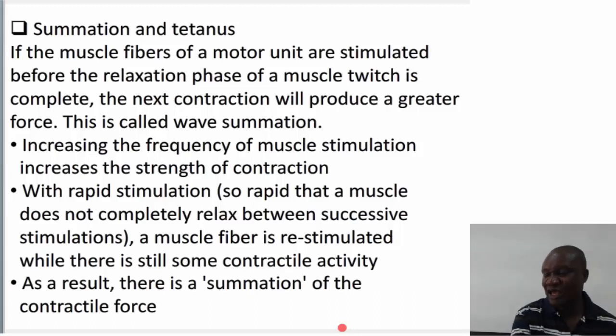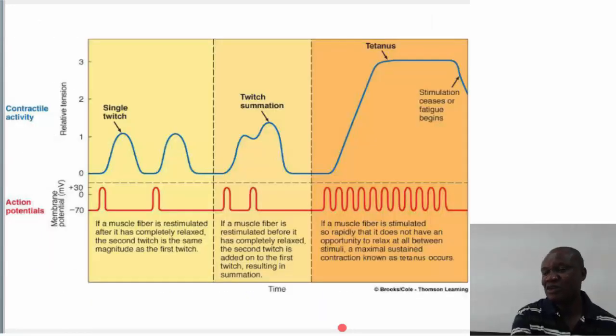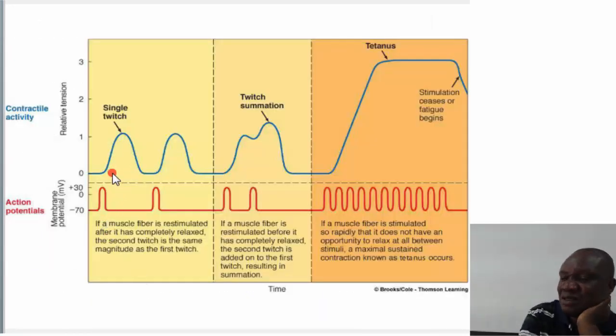Now, if we stimulate a muscle and let the muscle contract and stimulate it again, we'd have two twitches. First, we have our twitch, and we stimulate again and we have two twitches.